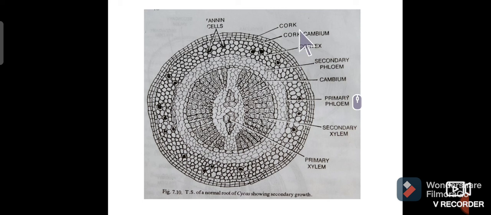But this periderm produced by the inner phellogen takes a superficial position in the root. Why?